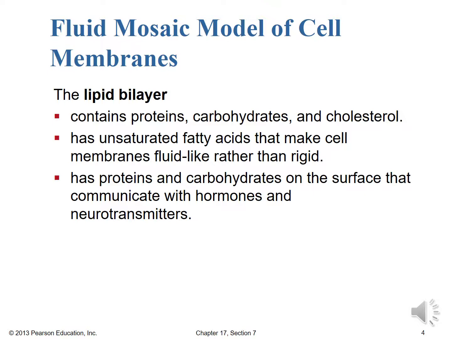It's also got the proteins and carbohydrates on the surface that allow communication with hormones and neurotransmitters. There's these surface features that, first of all, identify our cells as self as opposed to foreign, and that can be problematic if you're doing things like organ or tissue transplant. It's someone else's organ or tissue and it doesn't have the right proteins and carbohydrates.